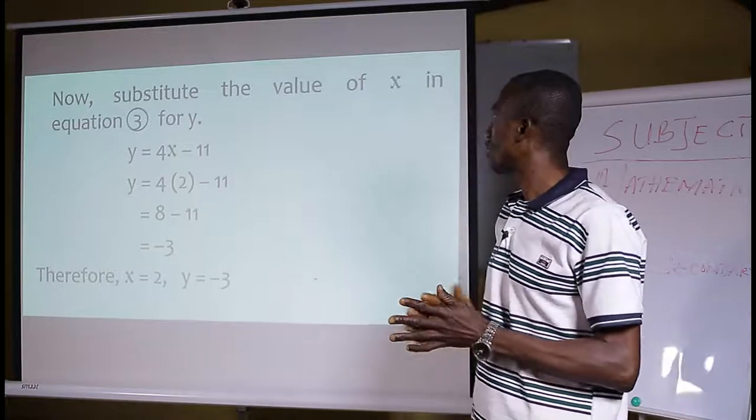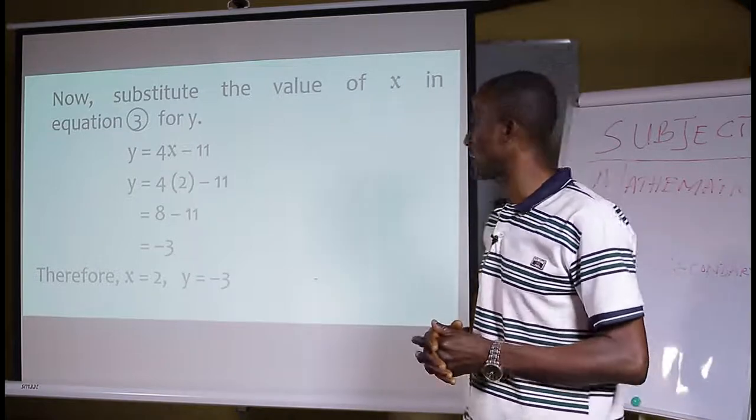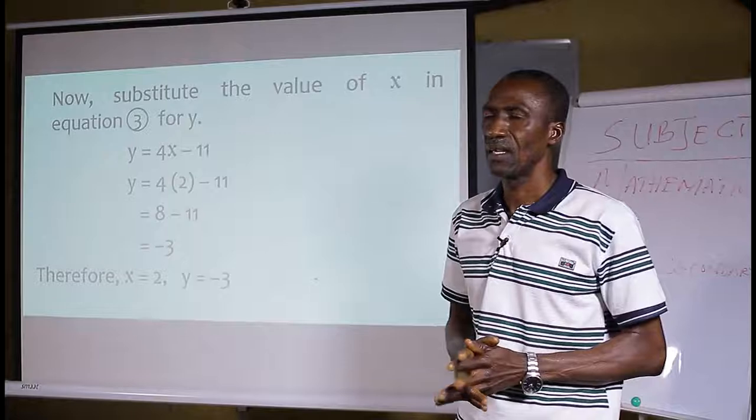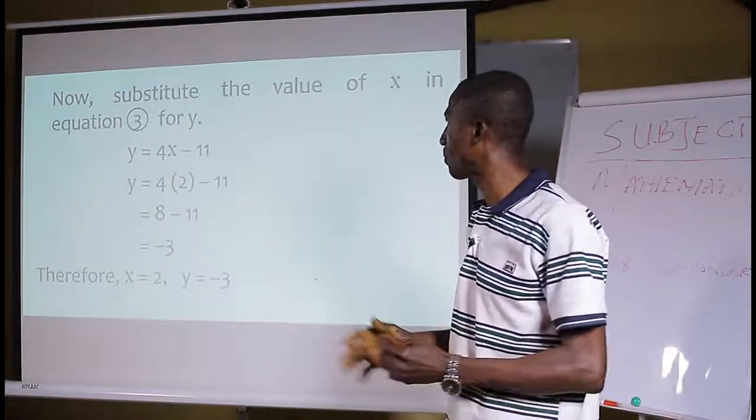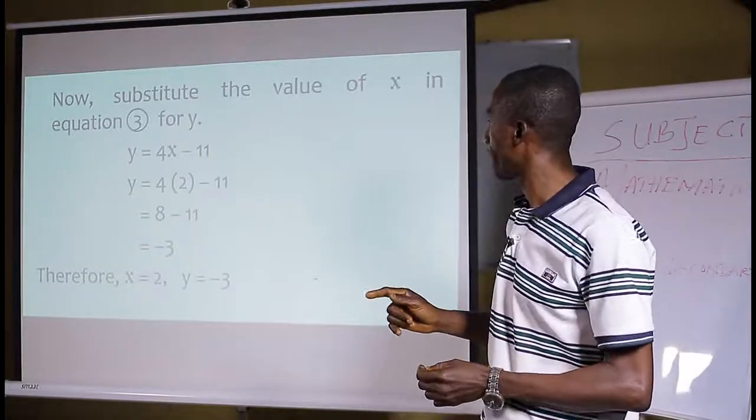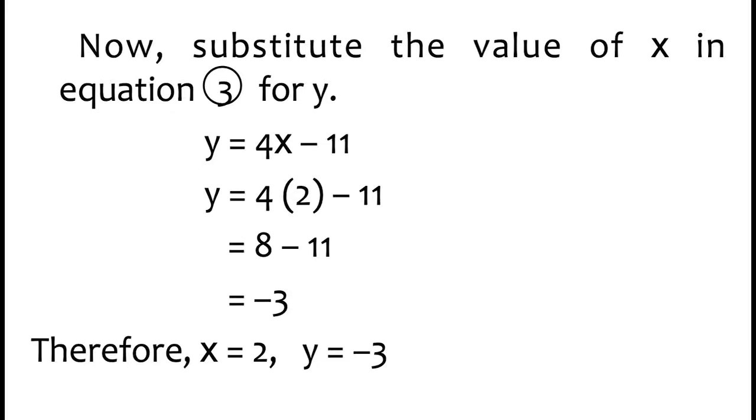Now, substitute the value of x in equation 3 for y. Equation 3: y equals 4x minus 11. Recall that our x equals 2.